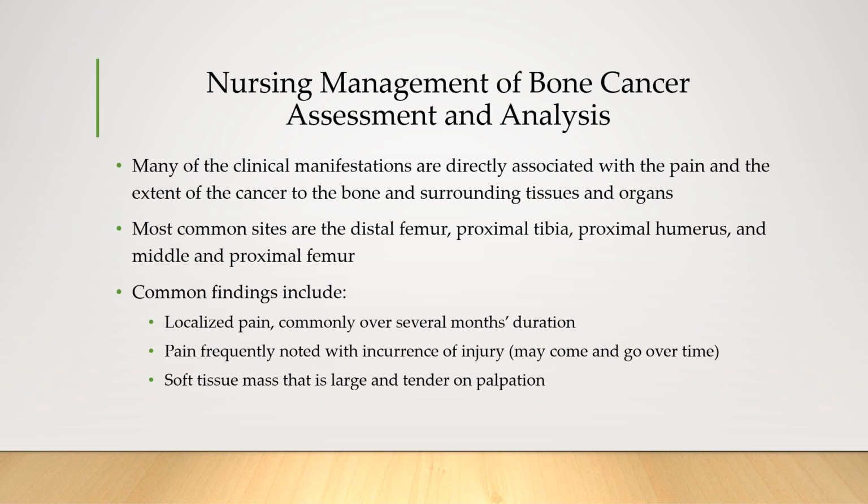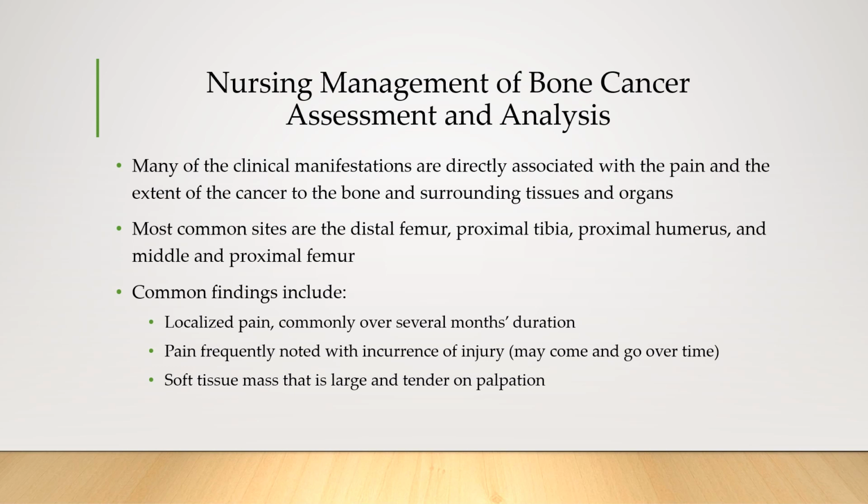So, nursing management of bone cancer. Many of the clinical manifestations are directly associated with the pain and the extent of the cancer to the bone and surrounding tissues and organs. Most common sites are the distal femur, proximal tibia, proximal humerus, and middle and proximal femur.